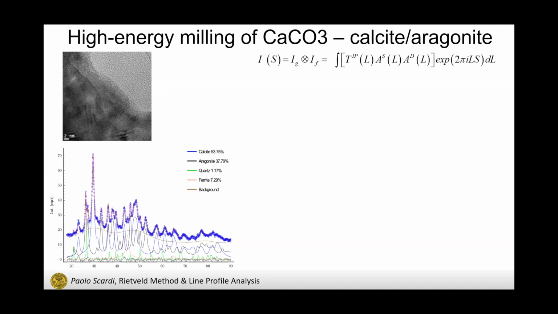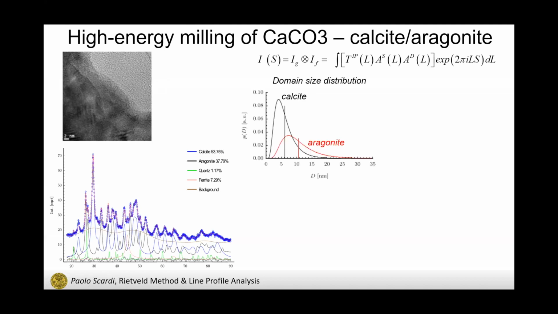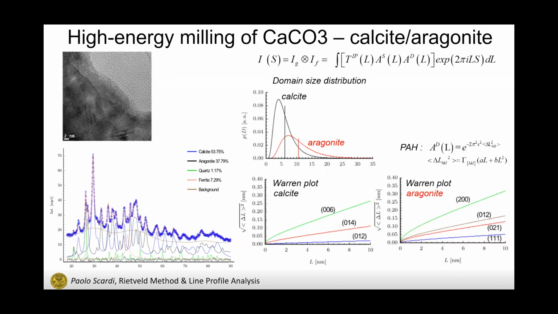And the pattern can be modeled together with other impurities, quartz, ferrite coming from the mill. And you can get the two size distributions, and using, in this case, this phenomenological model, because it's simply too complicated to model, we obtain the Warren plots for the two cases.